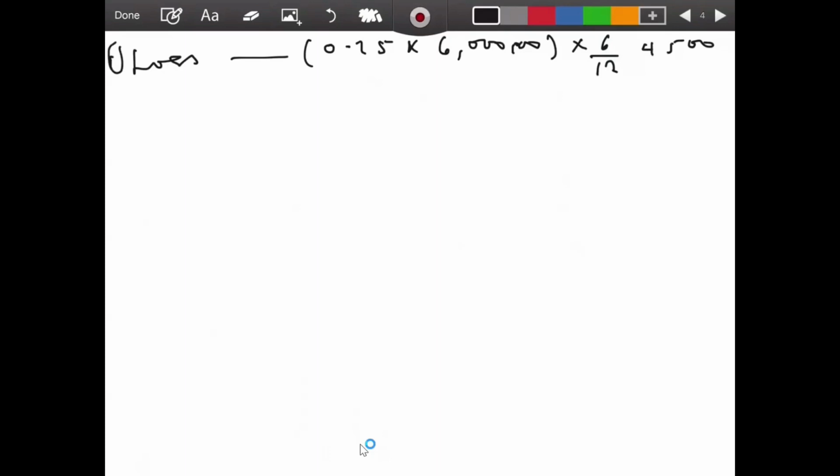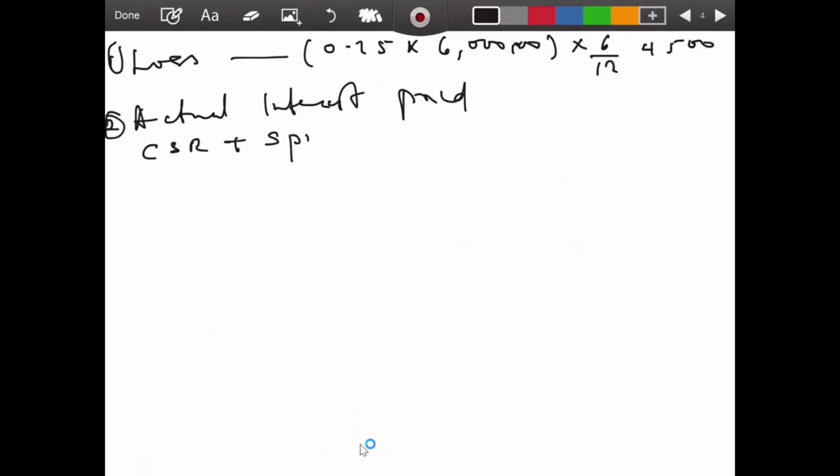That's the first requirement. The second requirement is the actual interest paid. The actual interest paid will be determined by the closing spot rate. So that will be closing spot rate plus spread.